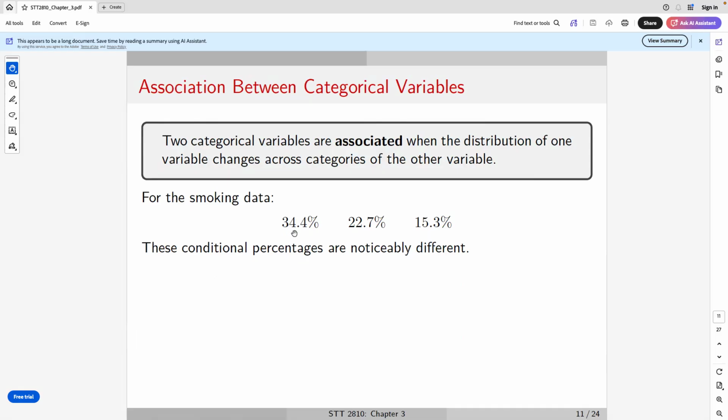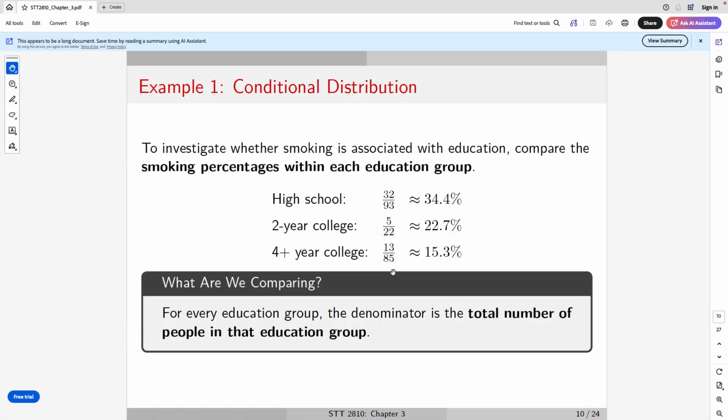Is that okay? So looking at these percentages here, what can you say? It looks like those with more education have fewer smokers. Can you see that? Look at high school students, 34, then look at two-year college.